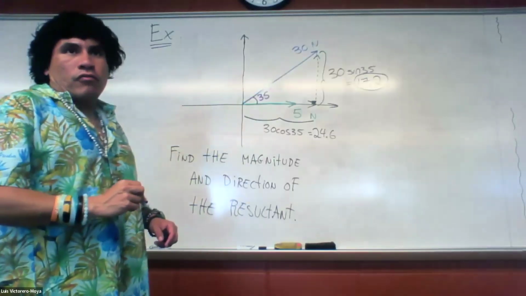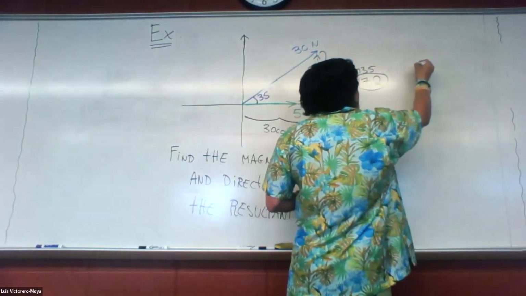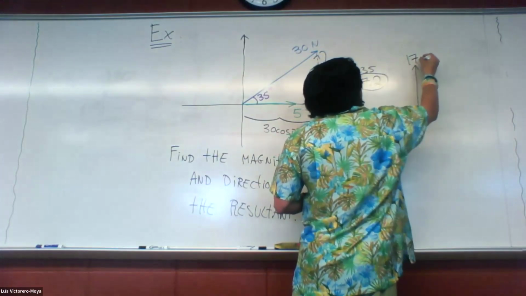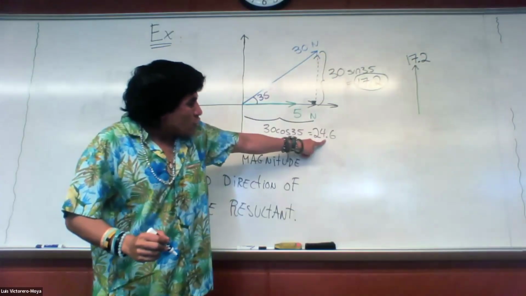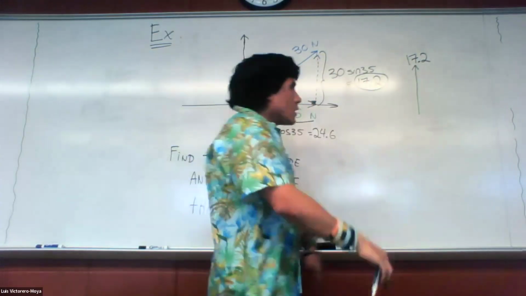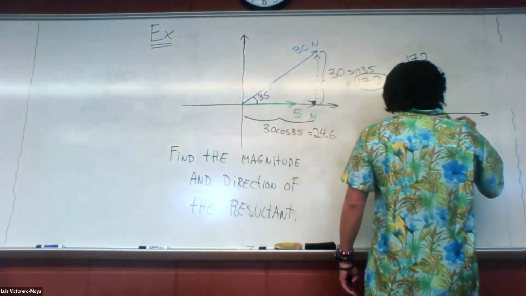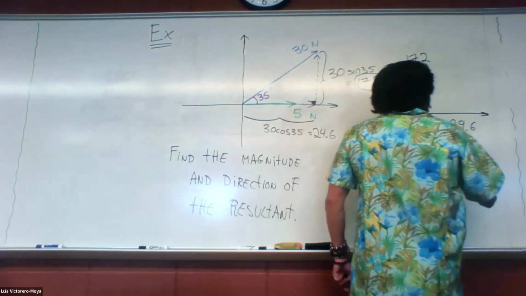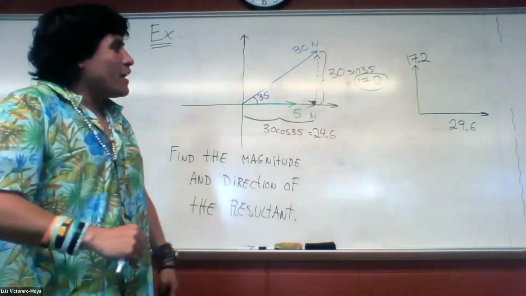Yep, 24.6, sorry about that. So 17.2 is by itself. Technically, you have 17.2 just going up. And on the positive x, you have 24.6 and 5. So you add them: 29.6. And I already showed you how to add vectors that are at 90 degrees.